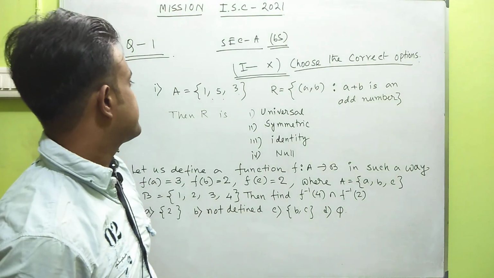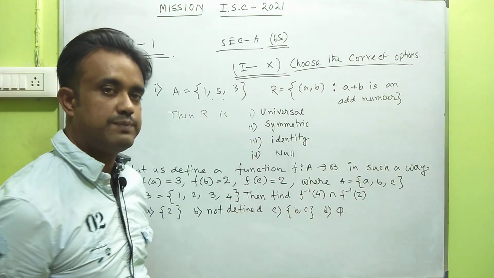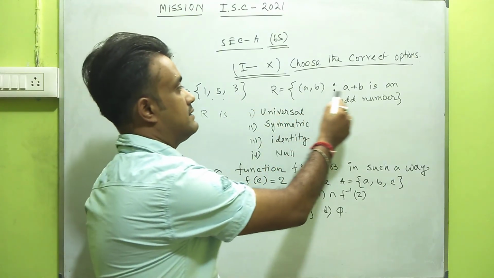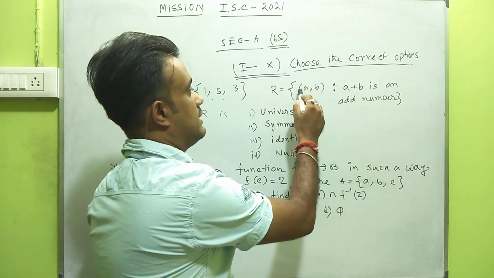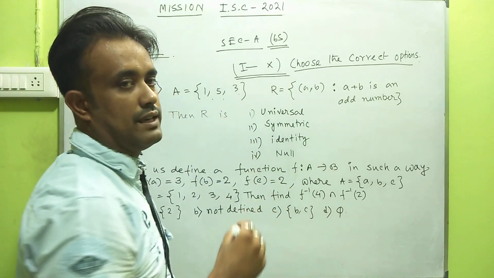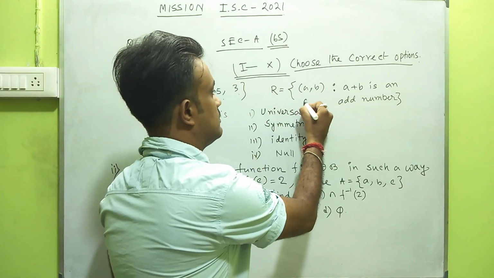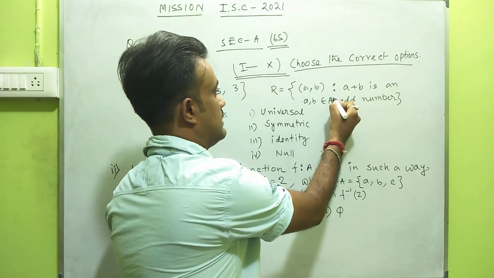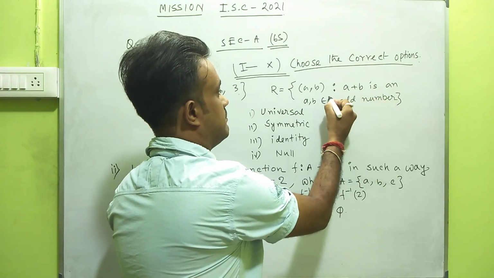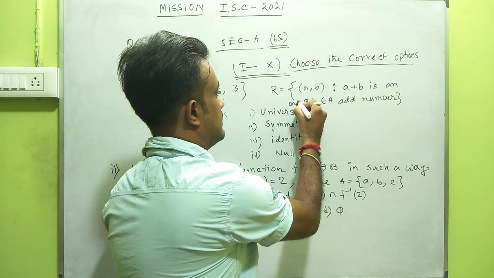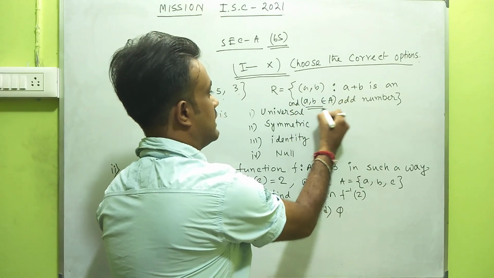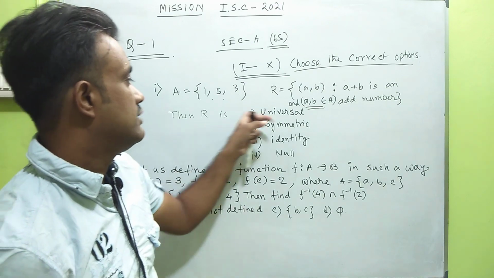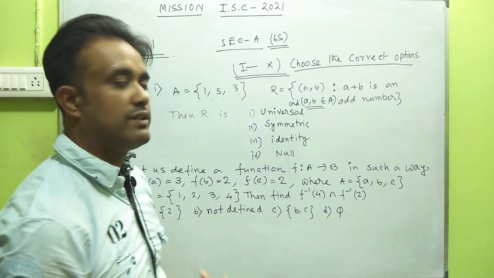So actually A is given as {1, 5, 3}, and the relation R is defined as a plus b is an odd number, and a and b belong to A. So what is the relation R?